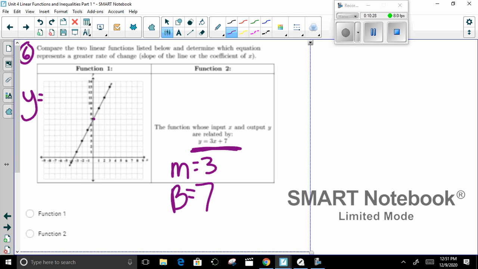It crosses the y-axis at, it looks like 7, and the slope is up 2 over 1. So the slope is 2 over 1, and the y-intercept is 7. The greater rate of change would be function 2.